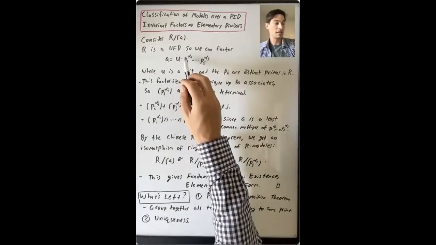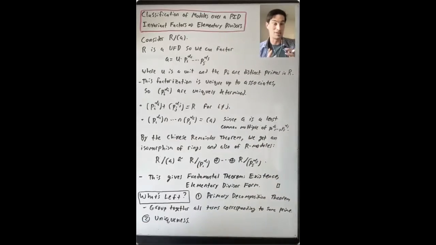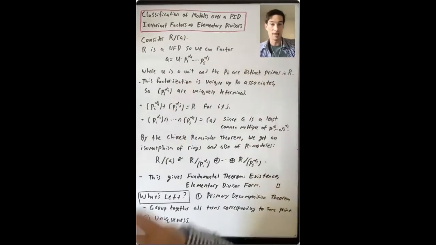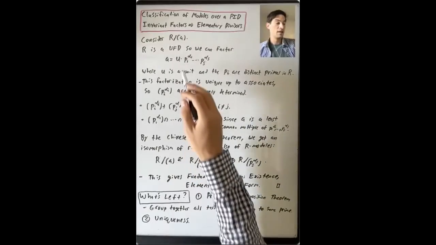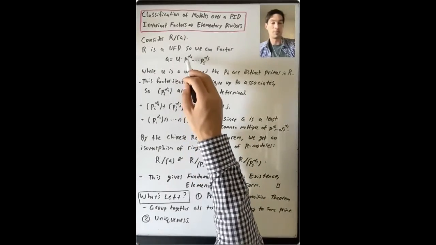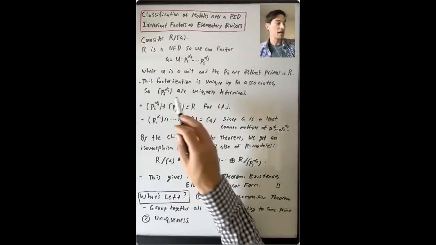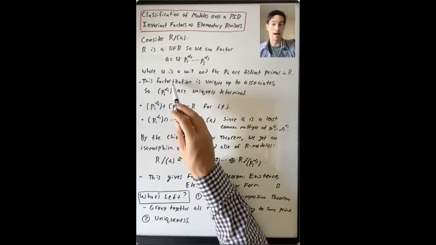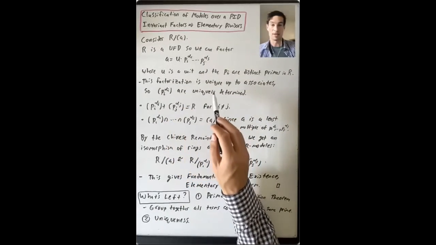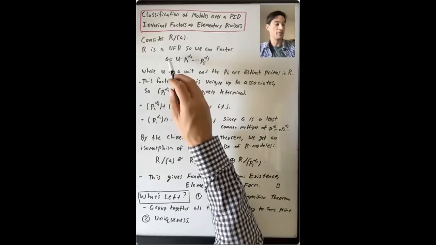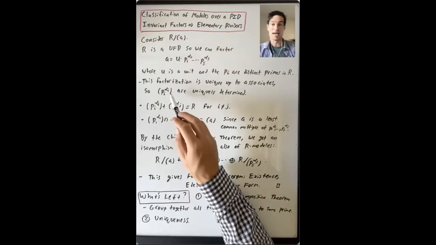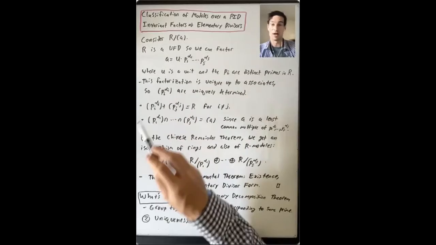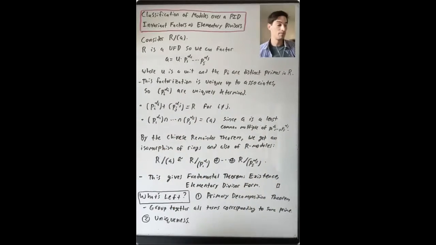So if you write down all the different factorizations you can, you won't always see the same prime P1, because you could multiply this prime by a unit, but the ideals generated by each of these prime powers are uniquely determined. So you take a ring element A and you get a bunch of ideals generated by prime powers, P1 to the alpha 1, P2 to the alpha 2, and so on.